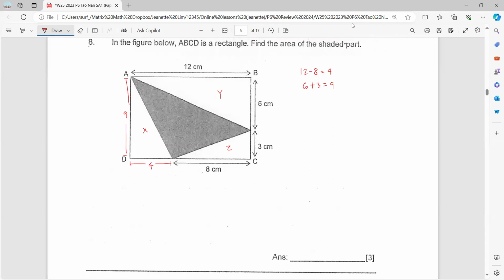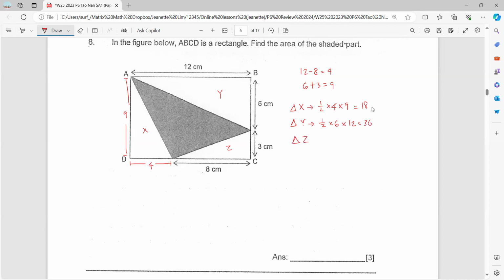Now let's find the area of triangle X. Half times 4 times 9, which is 18. Then triangle Y, half times 6 times 12, which is 36.